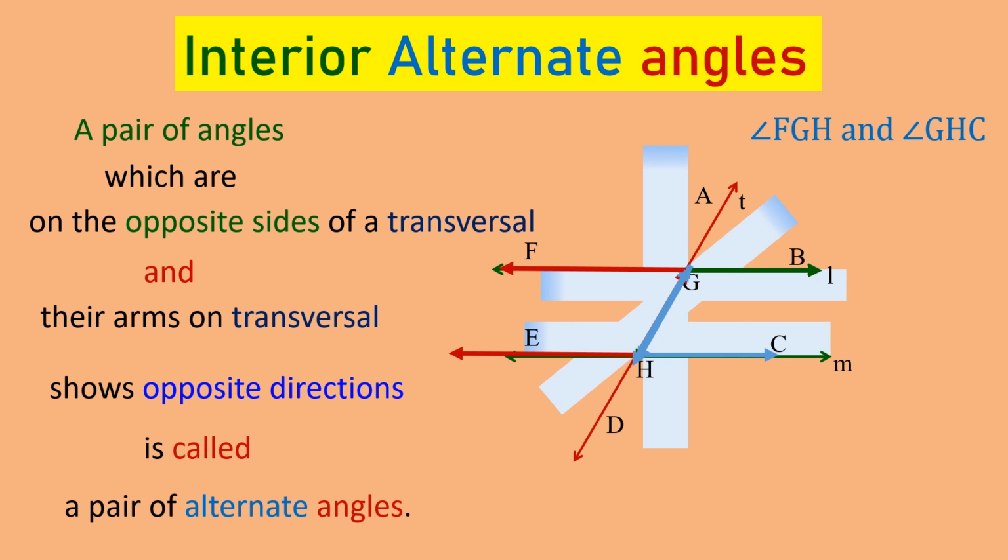They also form a Z alphabet. If you have noticed, the Z alphabet formed between the two lines forms a pair of interior alternate angles. I hope it is clear.